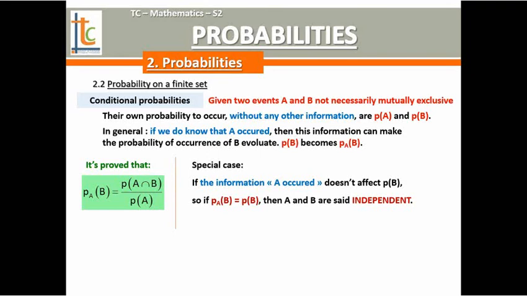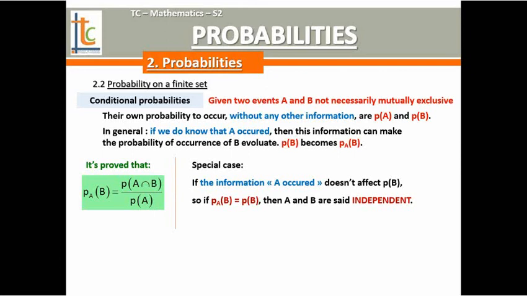There is a special case in conditional probabilities. It's possible that the information A occurred doesn't affect P of B. So if P of B given A still equals P of B, then A and B are said to be independent.